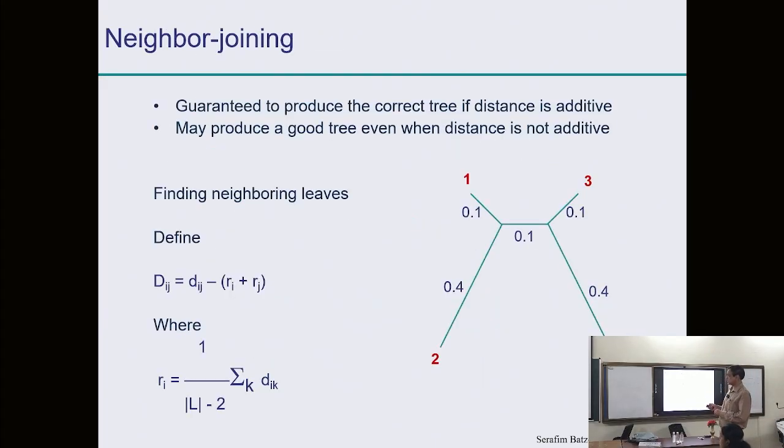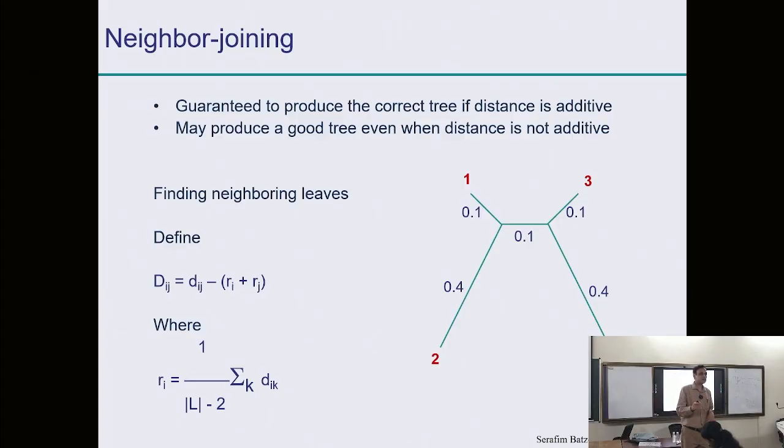So, if the distance metric is additive, then a method called neighbor joining that you may have heard about can produce the correct tree even if you have those long branches, even if you have differential rates of evolution from the common ancestor.